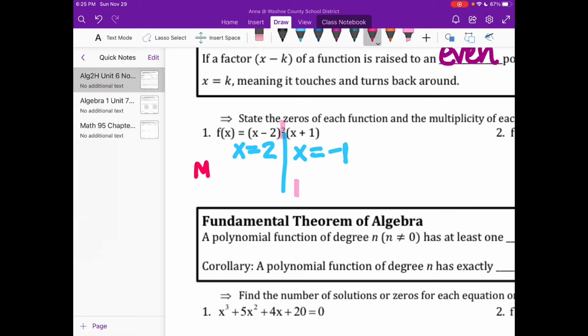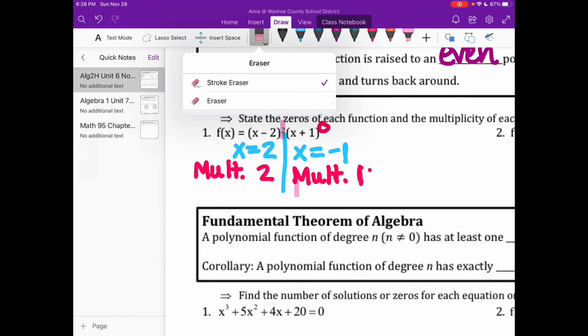I have to now state that. So I put multiplicity of 2. So that's kind of where it touches and goes back up. Again, you can kind of see that on your own. Now this x equals -1, there's no exponent by the parenthesis. So it just has a multiplicity of 1.